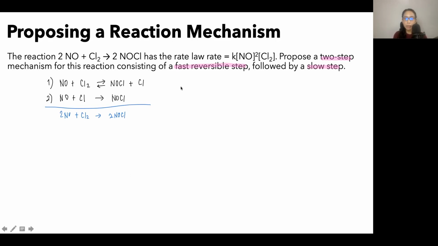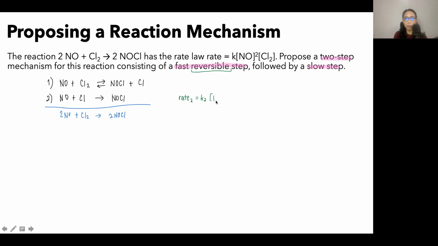So our next step is to derive the rate law from this mechanism. So what do we do? Since we are sure that this is an equilibrium reaction, because the problem indicated that it's a reversible step, then we can use the equilibrium method. And we know that our basis will be the second step because it is the slow step.